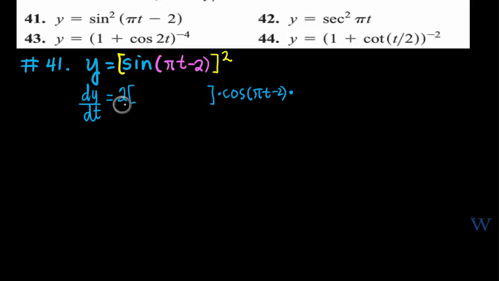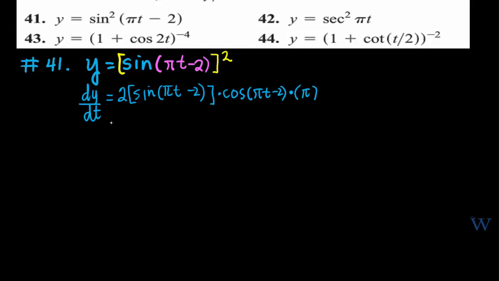So far we took the derivative of the outside, multiplied by the derivative of the next inside, multiplied by the derivative of whatever's inside here, which is now pi. It's pi minus 0, which is just pi. So what do I write here? Whatever was squared to begin with, so that's sine of pi t minus 2.